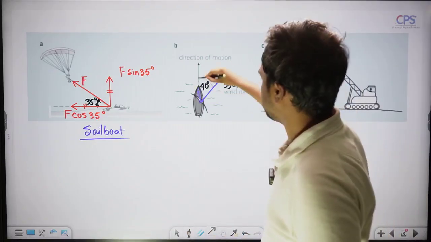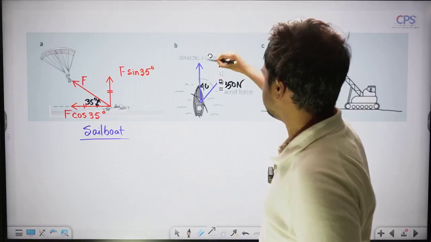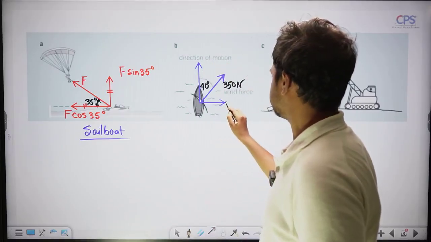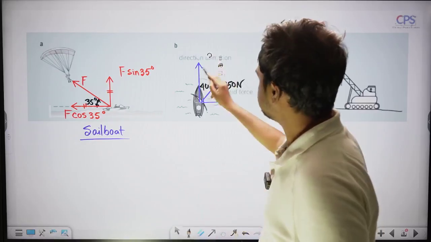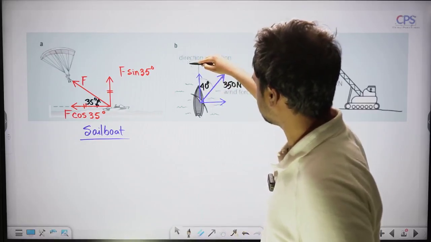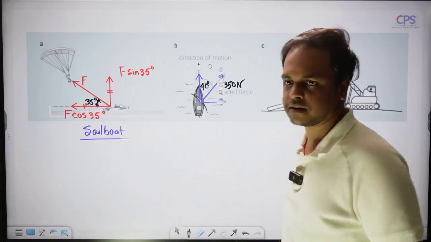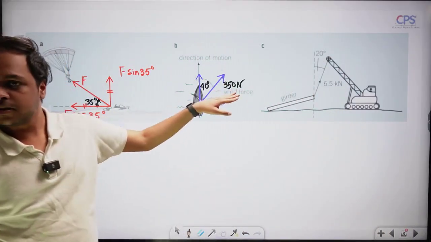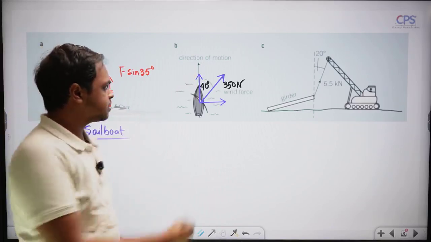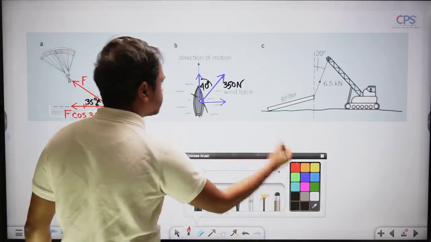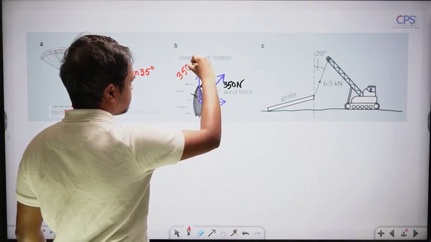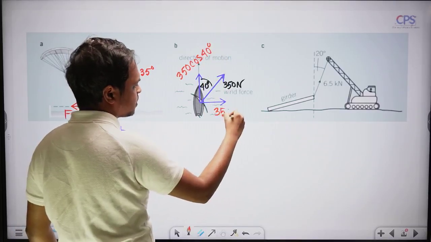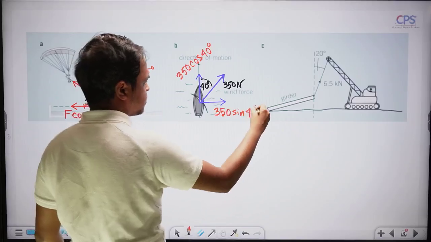This one here and this one here. That's very, very easy. These components will be shorter because they have to add up to this one. So this is 350 Newton, and this is 40 degrees adjacent. So this will be 350 cosine of 40 degree, and this will be 350 sine of 40 degree.